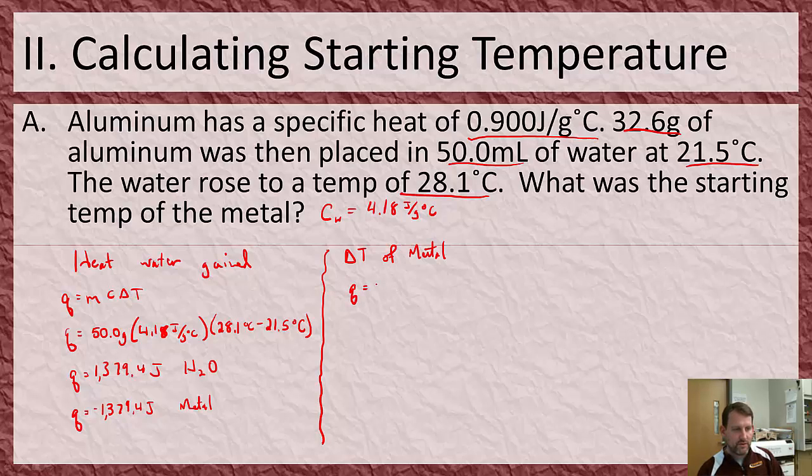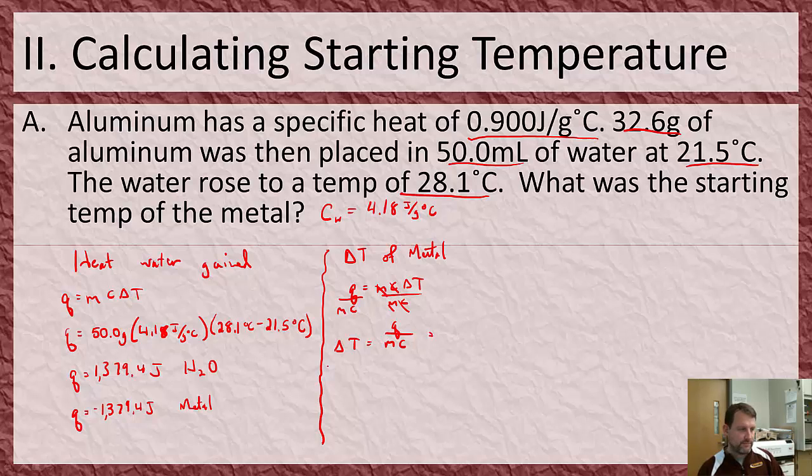So Q is equal to MC delta T. This is all aluminum stuff, so I'm going to use only aluminum numbers here. So I need to find the change in temperature, so I'm just going to divide both sides by M and C. Mass and mass cancel, C and C cancel. So I get that the change in temperature is equal to Q over MC. So to make this much heat, I've got to have this big of a temperature change.